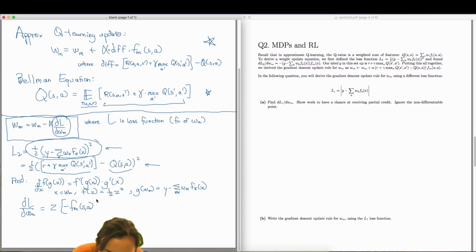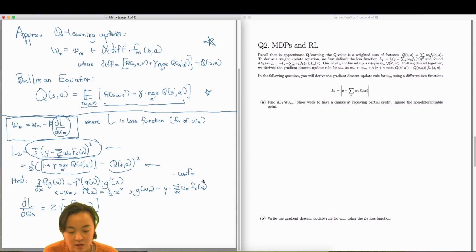Okay, so how did I get this minus fm here? Well, this equation consists of all constants except for one single term that is a function of Wm, and that single term is minus Wm Fm. Everything else is a constant when we're taking the derivative with respect to Wm. So obviously the derivative of this with respect to Wm gets you negative Fm.